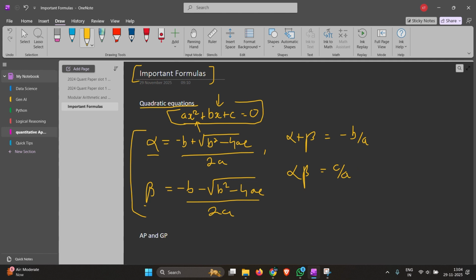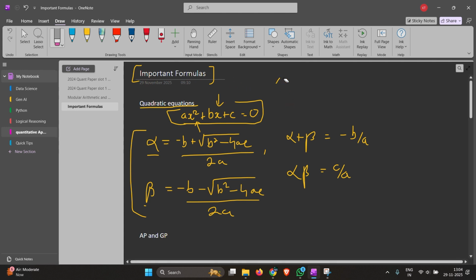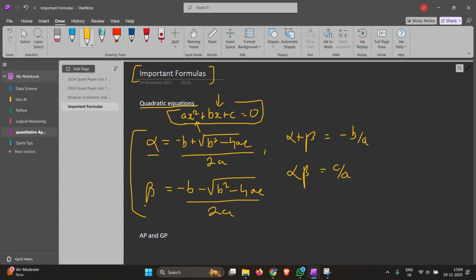If b was lambda and all the other values were given, and you actually had to find lambda and not x, you can use these equations to get two equations in x and lambda, and then you can find lambda as well.